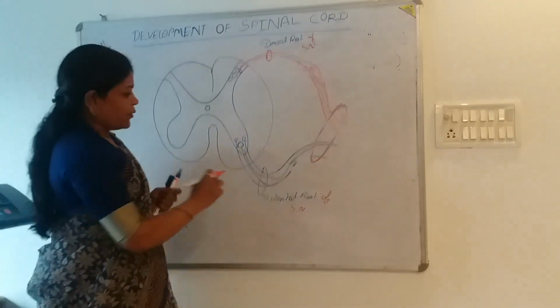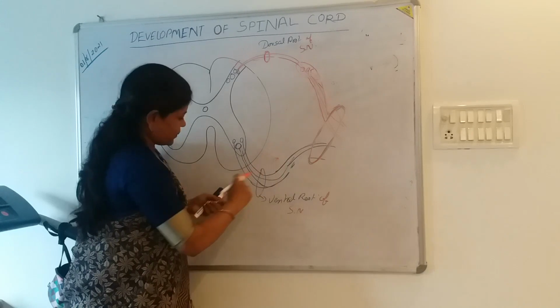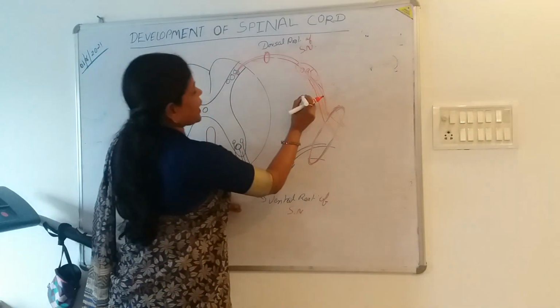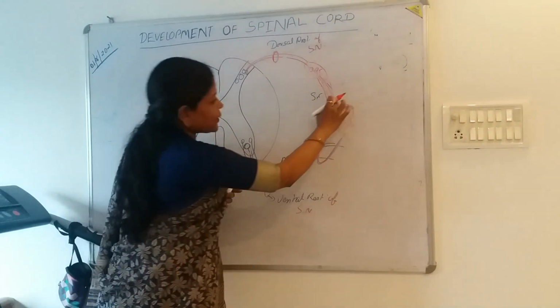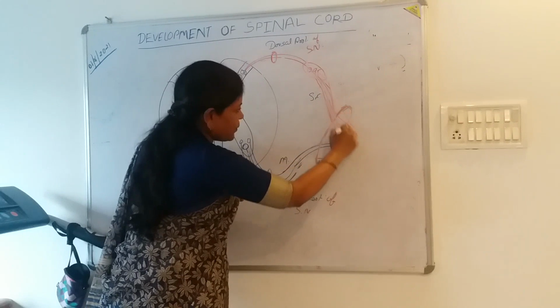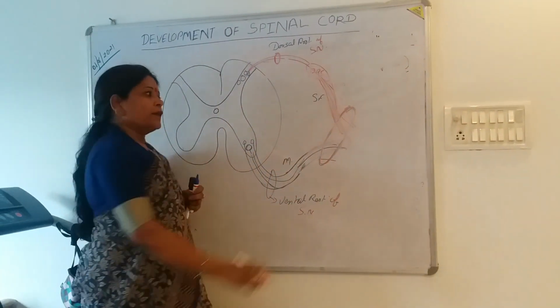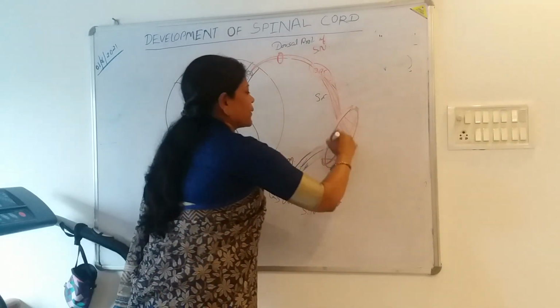That means the ventral root is containing the motor fibers. This is concerned with the motor fibers. This is carrying what? The sensory fibers. And here both the bundles are mixing in the trunk. This part of the spinal nerve is the trunk here.